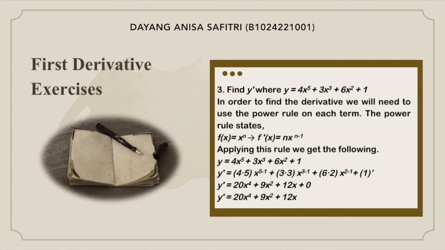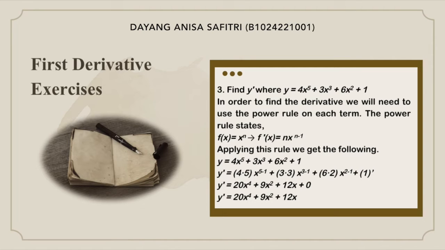equals 4 multiplied by 5 x^(5-1) plus 3 multiplied by 3 x^(3-1) plus 6 multiplied by 2 x^(2-1) plus 1'. y' equals 20x^4 plus 9x^2 plus 12x plus 0.